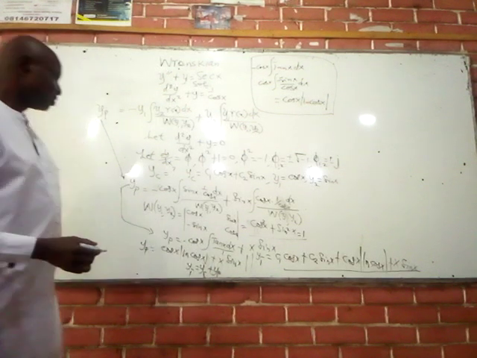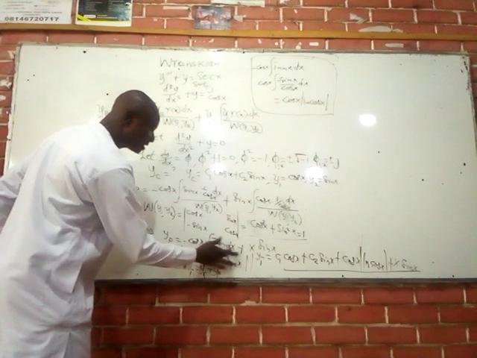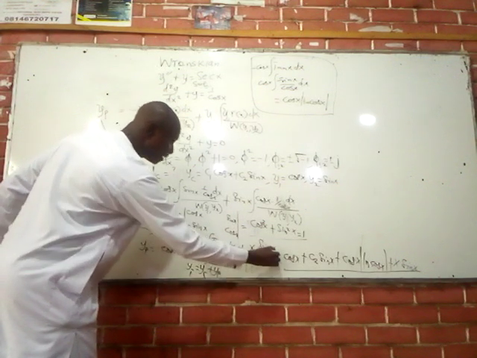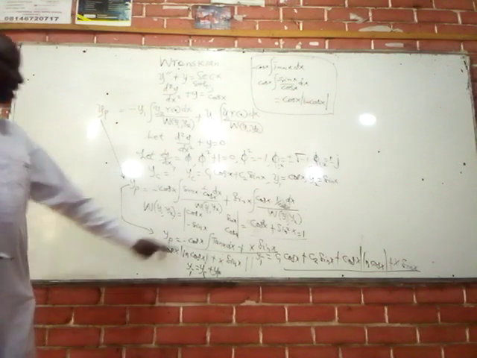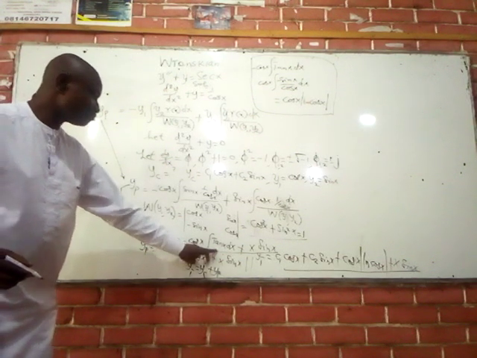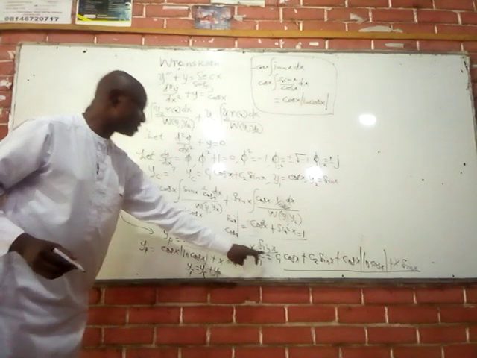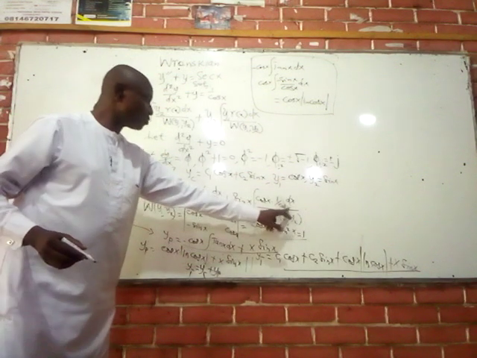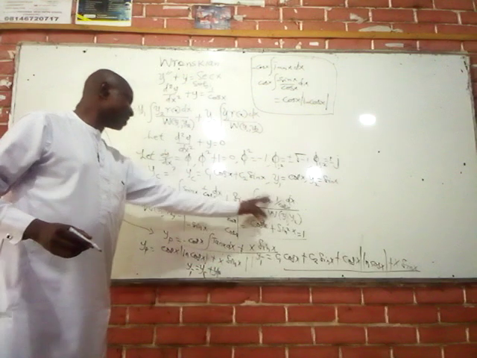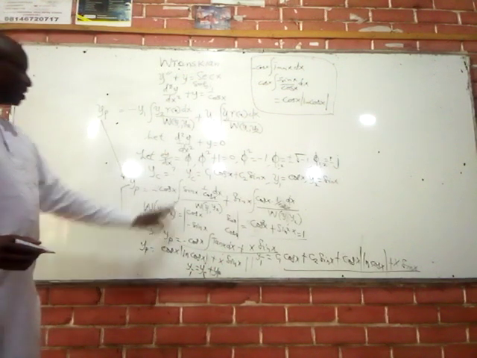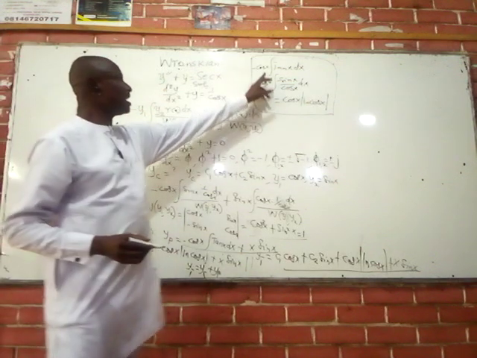Take note that this 1 automatically will disappear. Yes, because the WRONSKIAN, tan x over 1 is tan x, and x sin x over 1 is x sin x. How do we get x sin x? Because cos x cancels cos x, so we have 1. Integral dx is x. Bring it out here. Now, the integral of tan x was what I clarified here.